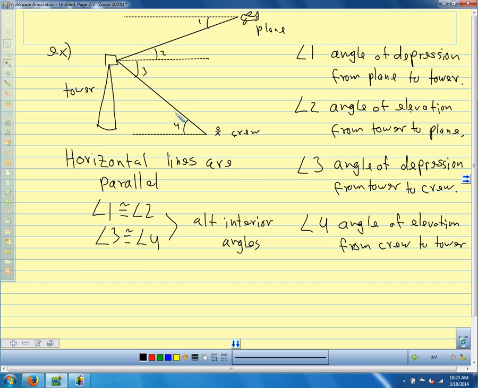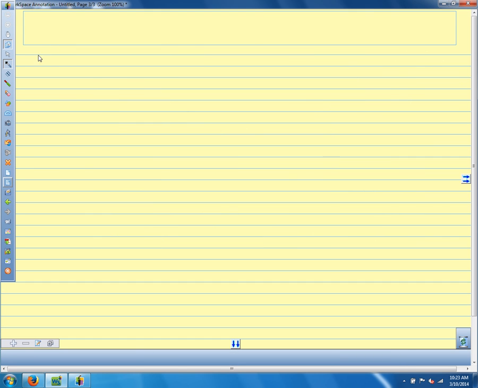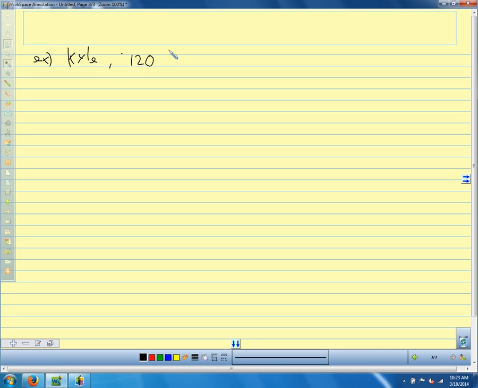Okay, let's use these ideas to set up a couple of problems. So in our first example, we want to figure out how tall a tree is. We like figuring out how tall trees are in this way. So Kyle is in the forest. Kyle is 120 feet from the base of a tree.